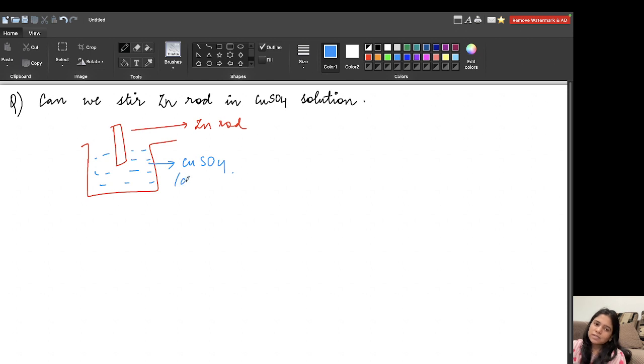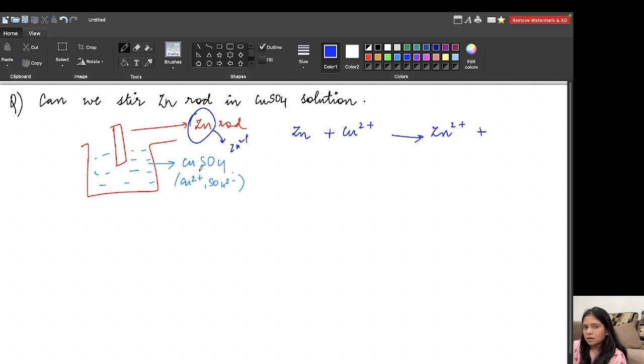So CuSO4 solution has Cu2+ and SO4 2- ions, correct? So what are we going to do? We are taking zinc. This will be a reaction. Zinc will undergo oxidation, obviously, and here you have Cu2+ ion, so Cu2+ will accept electrons. This is just a container.